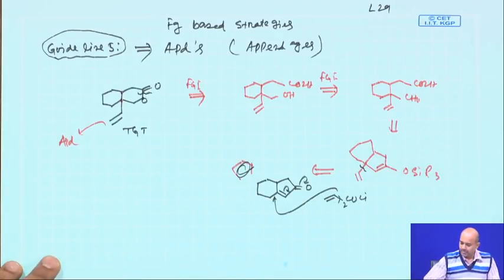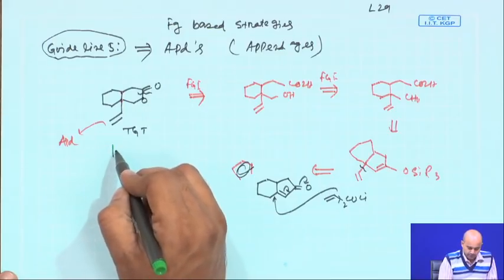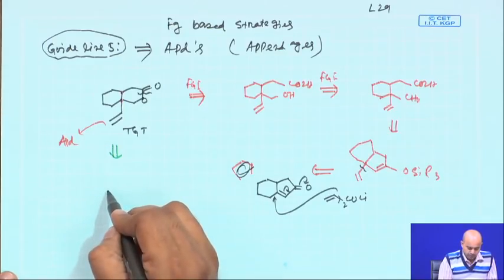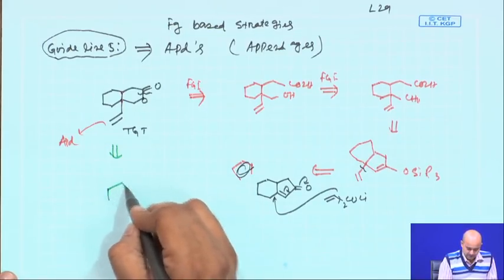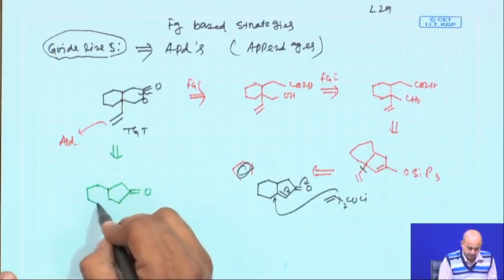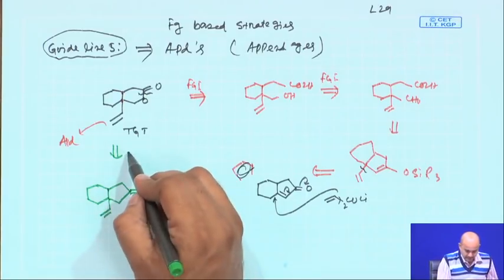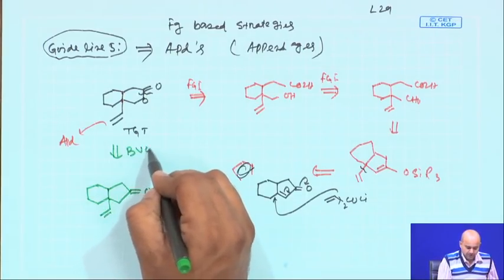Now, there are also other ways which you can potentially use. Now, this molecule, if you do a disconnection something like this, what is this? It is basically a Baeyer-Villiger transformation.